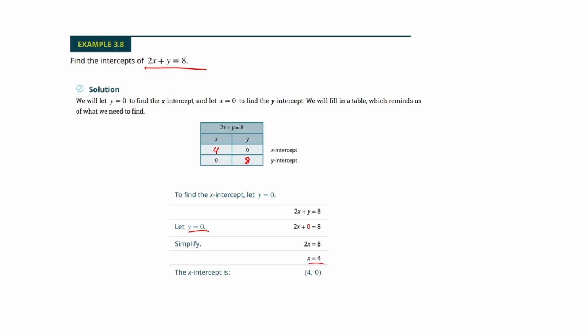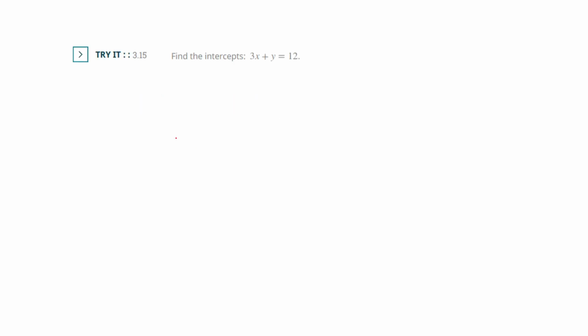Okay, now they've just asked us to find them. We're going to solve or graph these in just a second. But let's find them. So I'm going to do the x-intercept and the y-intercept. I think I reversed these. The x-intercept is when there's no y, and the y-intercept is when there's no x.